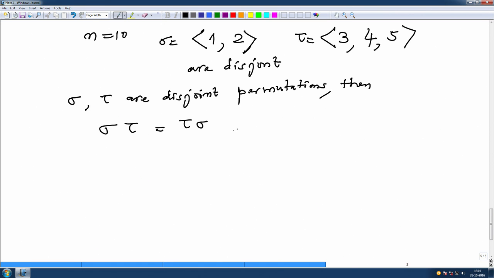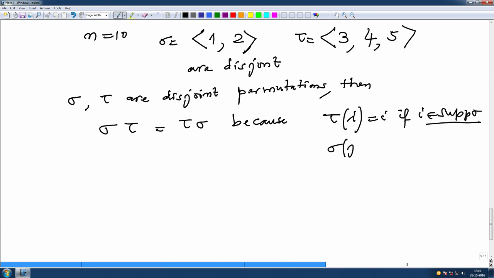This is because tau of any element i is i if i is in the support of sigma. If i is in the support of sigma, it cannot be in the support of tau, therefore tau of i has to be i. And similarly, sigma of j equals j if j is in the support of tau.